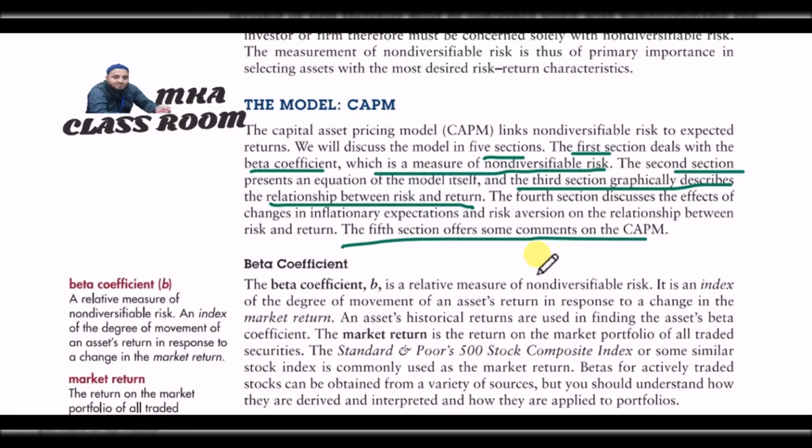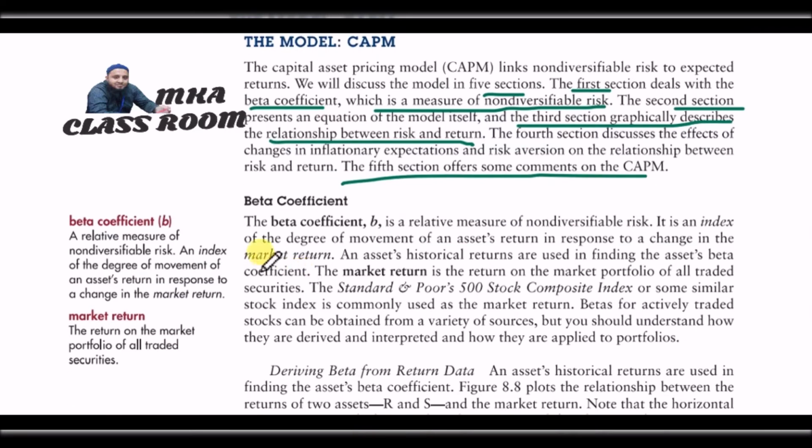Now let us start with the beta coefficient. The beta coefficient, symbolized beta, is a relative measure of non-diversifiable risks. It is an index of the degree of movement of an asset's return in response to a change in the market return.